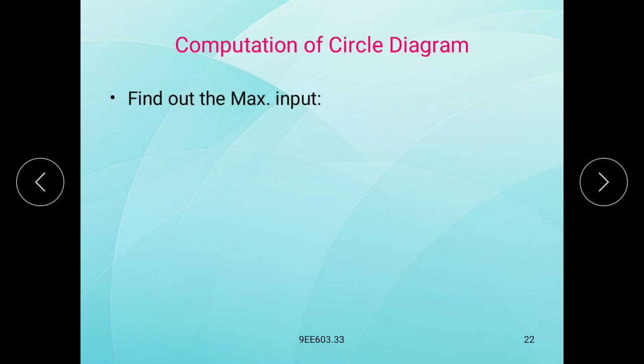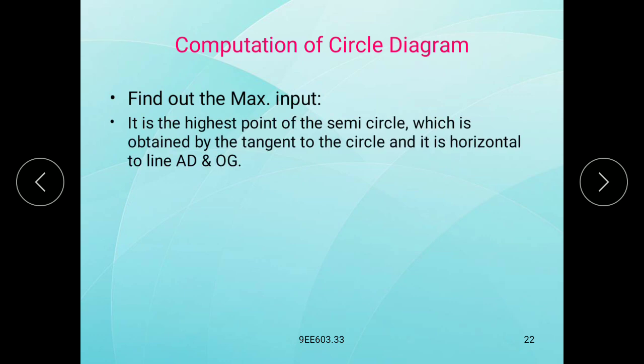For maximum input, it is the highest point of the semicircle, which is obtained by the tangent to the circle and it is horizontal, parallel to line AD and OG.